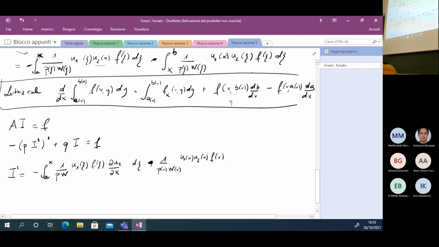Now we have to calculate the derivative of the second term. It has a first part, which is the integral between x and b of 1 over p w. The only function which depends on x is u1, so this is the derivative with respect to x of u1 times u2 f of c.